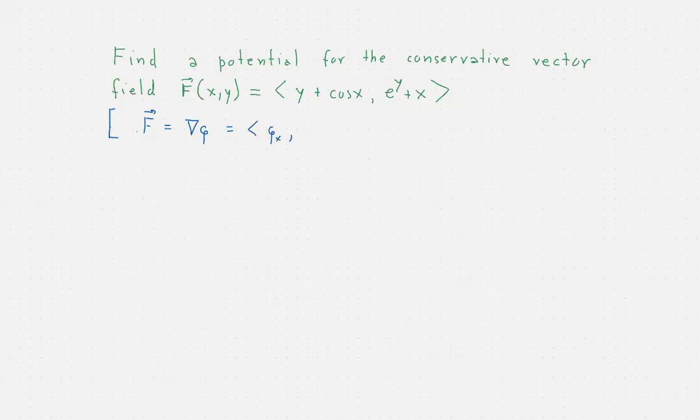If we call these components P and Q, then we see that a necessary condition for this to happen, after all, remember that phi sub x differentiated with respect to y is the same thing as phi sub y differentiated with respect to x by Clairaut's theorem, which translates to P sub y is equal to Q sub x.